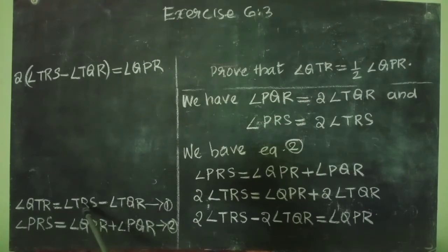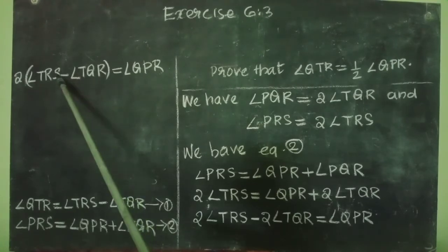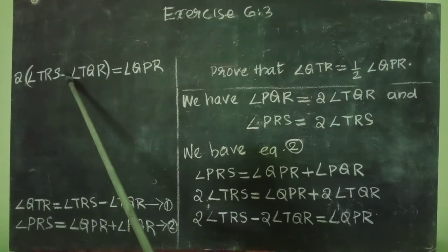What is on the right side of equation number 1? Angle TRS minus angle TQR, the same as what is in the bracket.